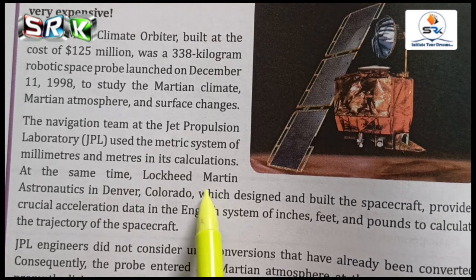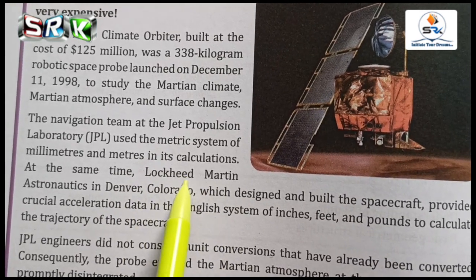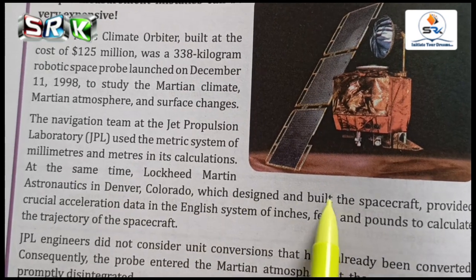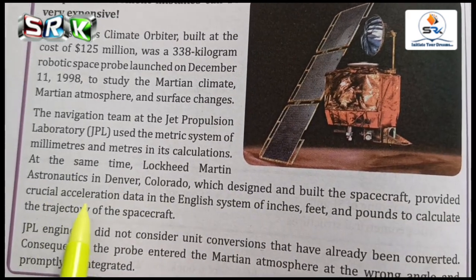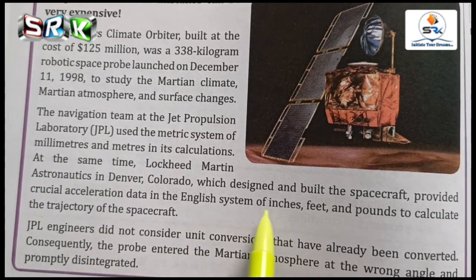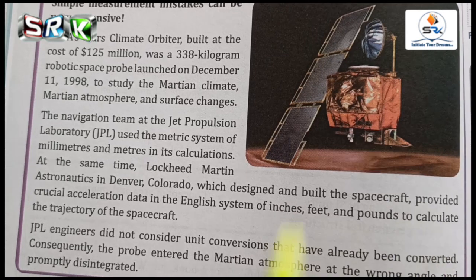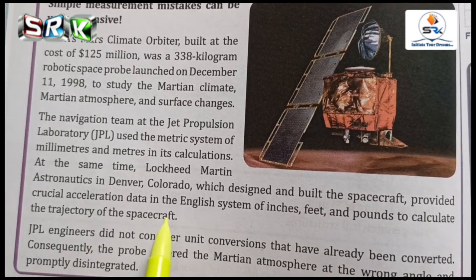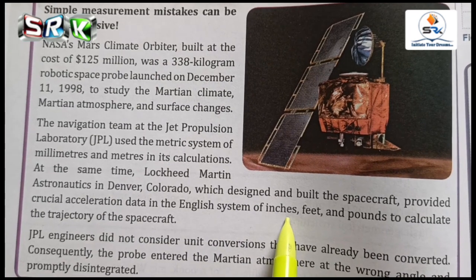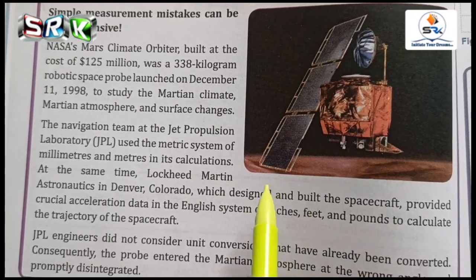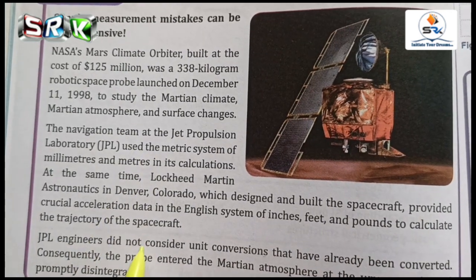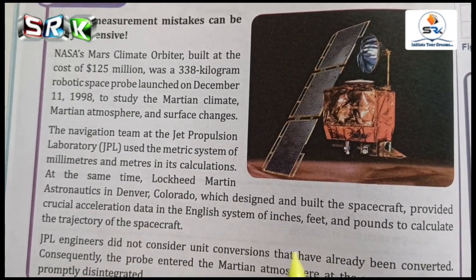But at the same time, Lockheed Martin Astronautics in Denver, Colorado, which designed and built the spacecraft, provided crucial acceleration data in the English system of inches, feet and pounds to calculate the trajectory of the spacecraft. So these persons used inches, feet and pounds. But the JPL engineers did not consider this unit conversion.